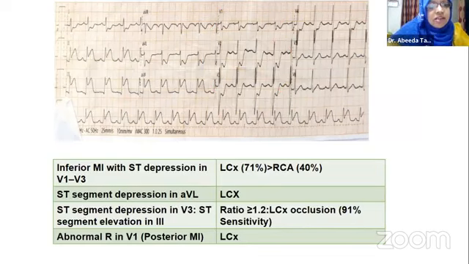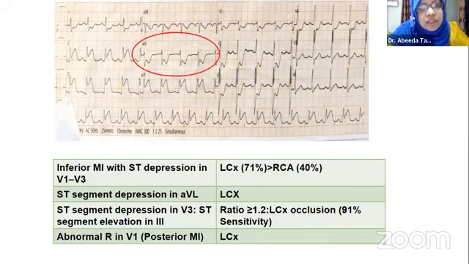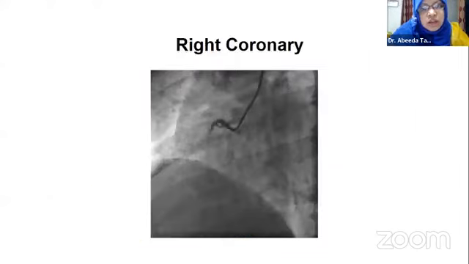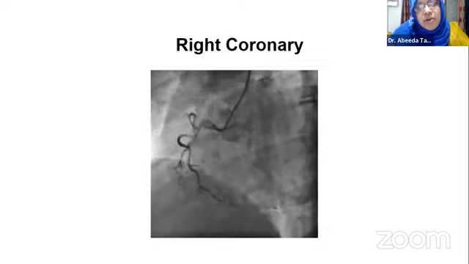If there is ST segment depression in AVL, there is more chance of LCX. Also, if the ratio of ST depression in V3 to ST elevation in lead 3 is more than or equal to 1.2, LCX occlusion is more likely. These are the criteria that I found. In this case, the ratio is more than or equal to 1.2 in the third criterion. So let's start with the coronary angiogram.